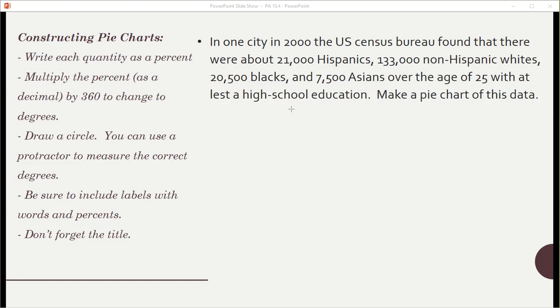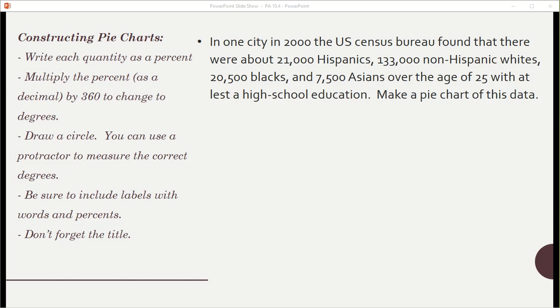If I look at this, I see that I have a U.S. Census Bureau. That's what I'm looking at here. And it has given different numbers of people in a city. And I'm supposed to relate these different people to the totals.